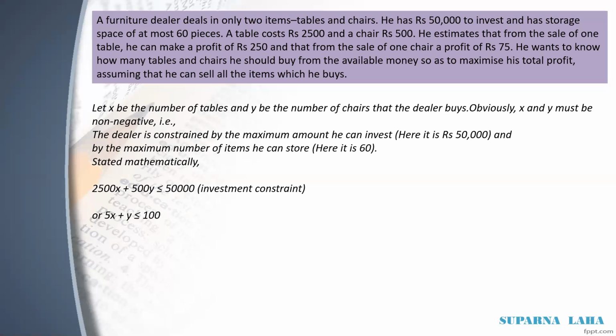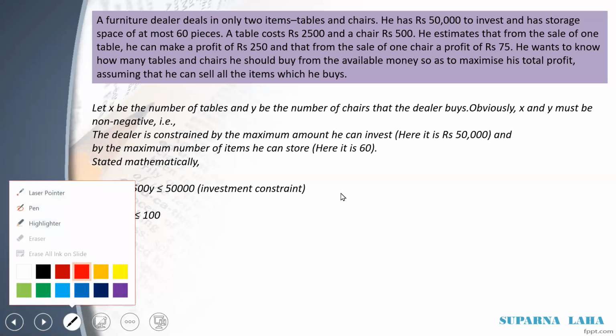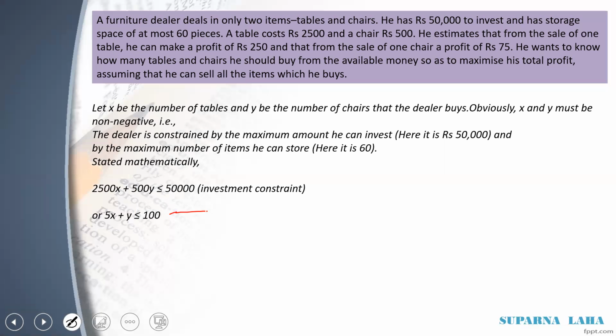Okay, so this is the first restriction for the given problem. Now, moving to the second condition, that is the total number of chairs and tables should be less than or equal to 60, not greater than 60, because he has a space of at most 60 pieces he can store. Okay, so x plus y is less than or equal to 60. So we have two inequations as conditions for this given problem.